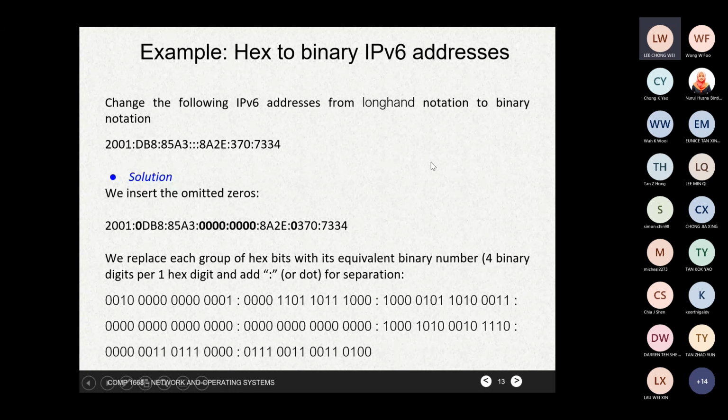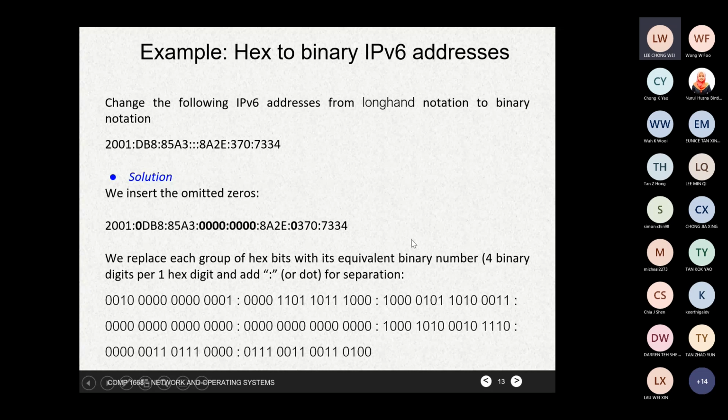Any question? So in an exam, I remember I told you guys there was one question to convert IP version 4 to binary, and also version 6 to binary and vice versa. It's quite easy, but also easy to make mistakes.